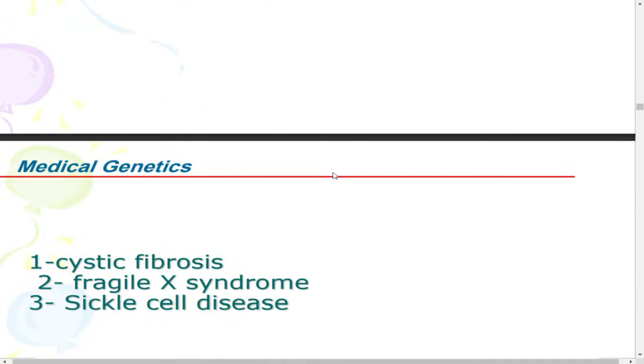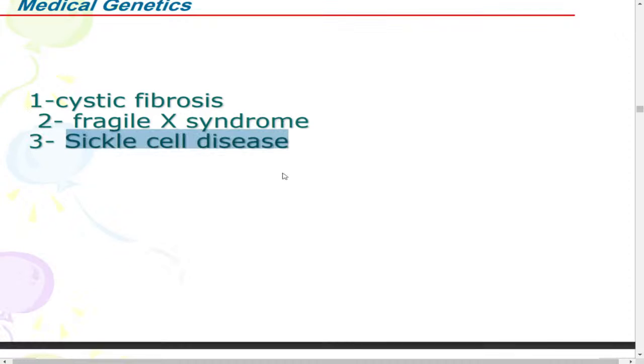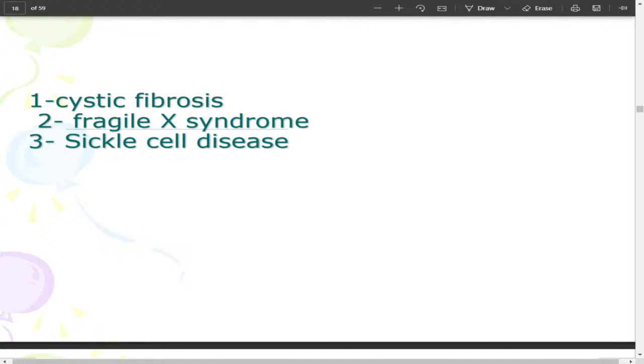This was a single gene mutation, which contained cystic fibrosis, Fragile X syndrome, and sickle cell disease. All are caused by a single gene mutation.